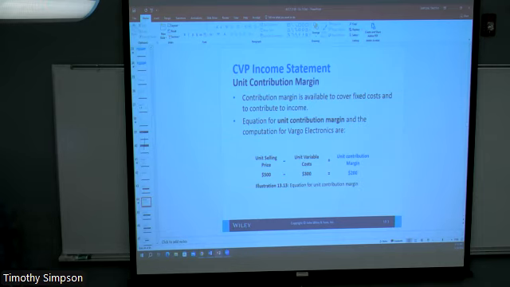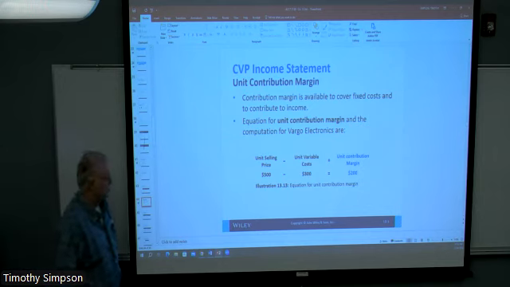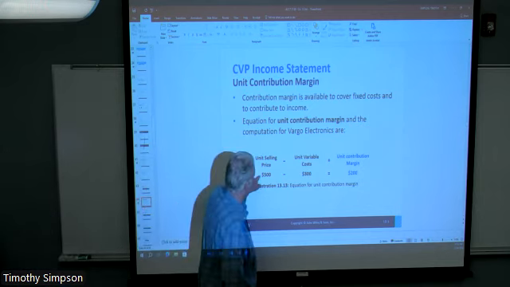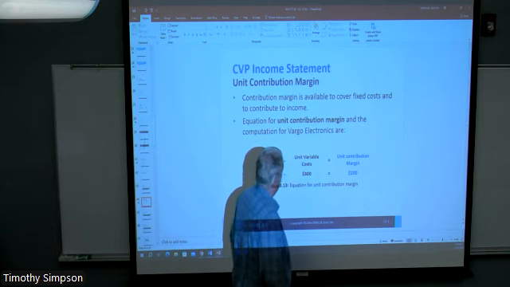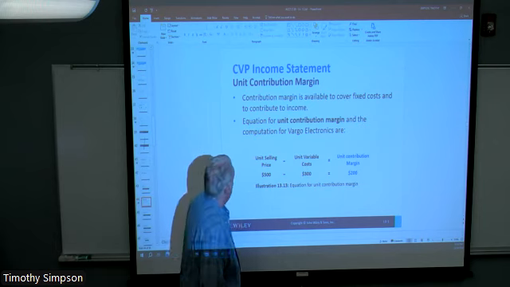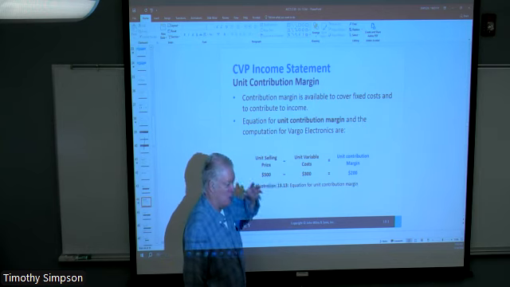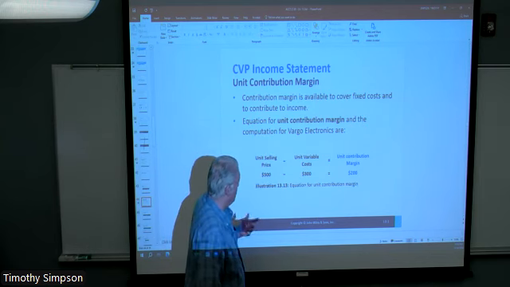Okay, so if contribution margin is a dollar figure, we can simply make it a unit dollar figure by taking the sales price minus the variable cost per unit and getting the contribution margin on a per unit basis. So all we're doing here is we're breaking down this concept. Before we had total sales minus variable costs equals contribution margin.